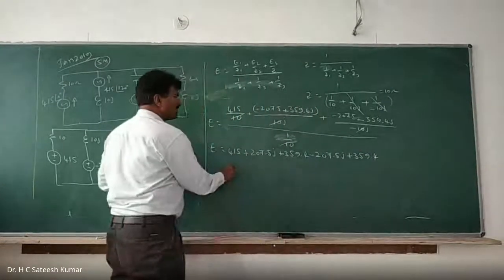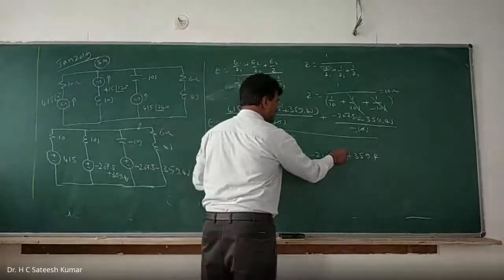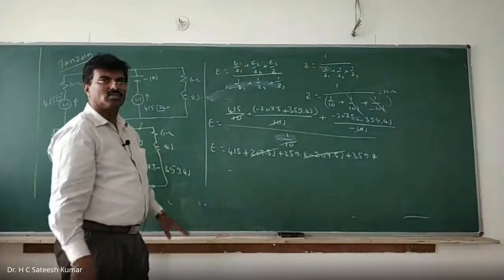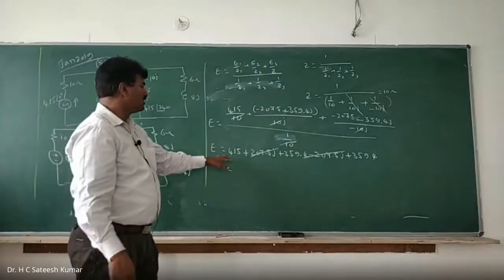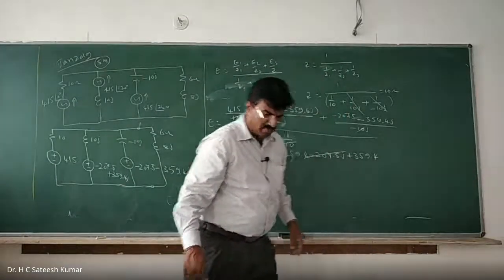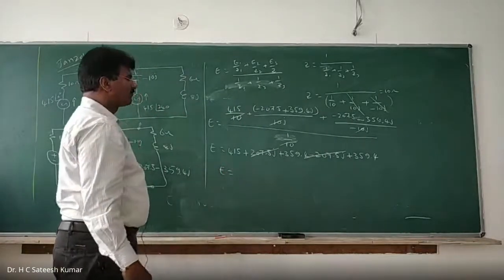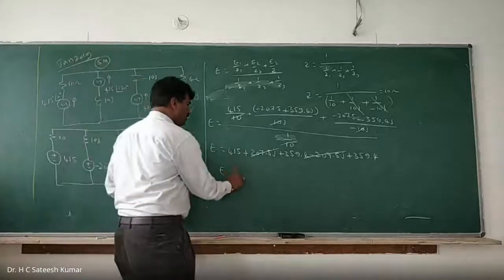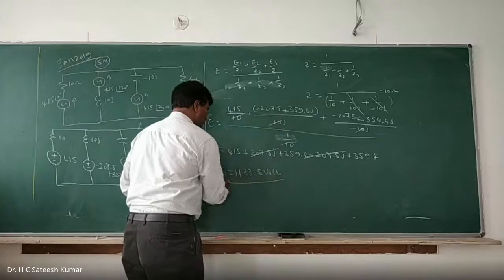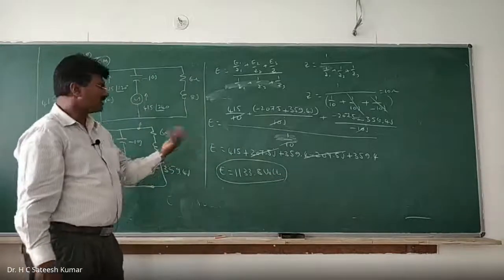Now minus 207J plus 207J gets cancelled. Then only addition is there. Only real part is there, no need to go for complex. All of them are real only: 415 plus 359.4 plus 359.4. That will be the answer, 1133.8 volts. That's it. So don't make things complicated by doing it in the calculator. Just cancel it and you'll easily get the answer.